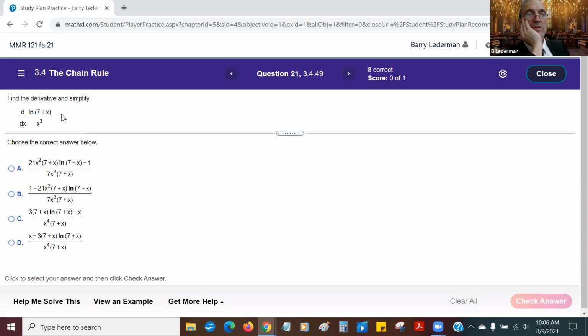Simplify. Oh, okay. So it's 7x over... Wow, this is a real pain, this one. 7x, that's just 7. Now I'm intrigued by this one. So this one I'm going to have to work out on pencil and paper. Then I'll give you the answer.